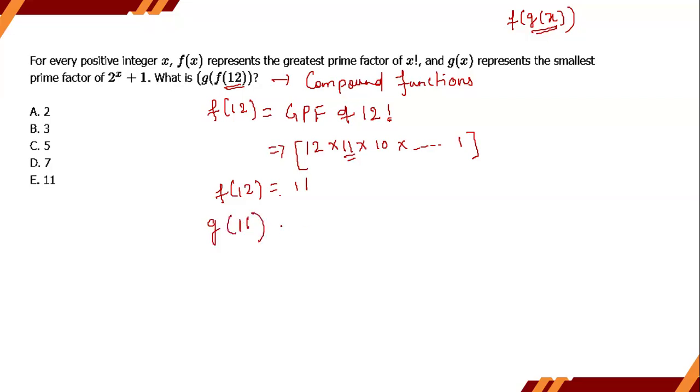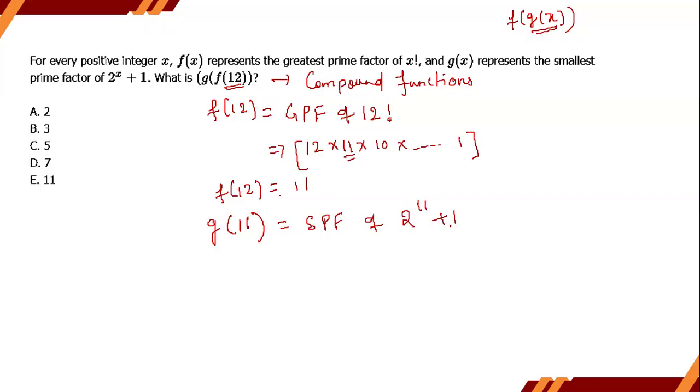Now what is g of 11? So g of 11 represents the smallest prime factor of 2 power of 11 plus 1, right? Okay, so it's a huge number, but of course we can do the calculation because you need to know from 2 power of 1 till 2 power of 10, right?